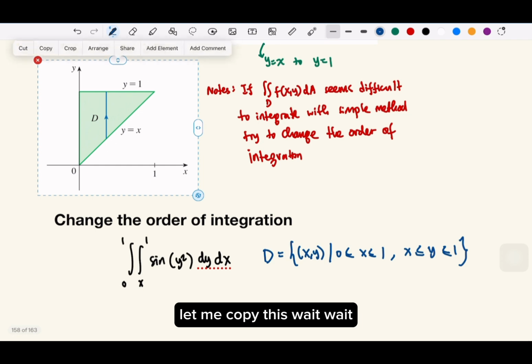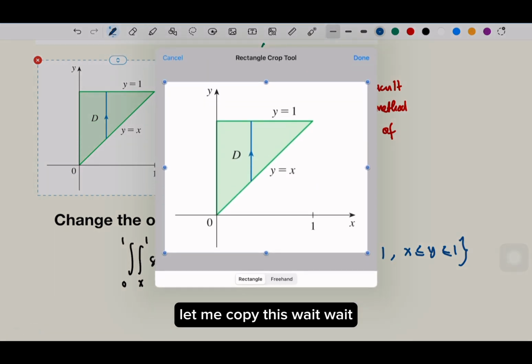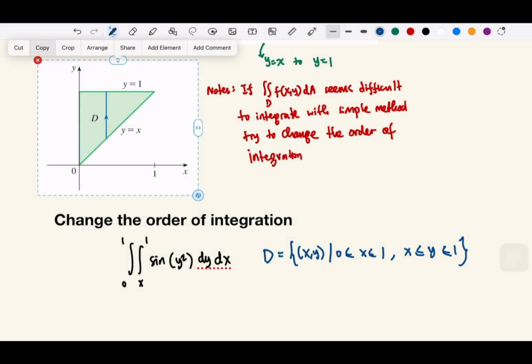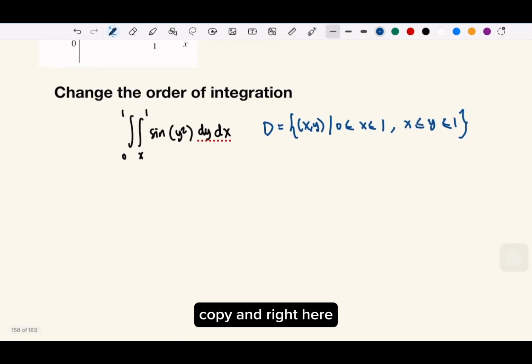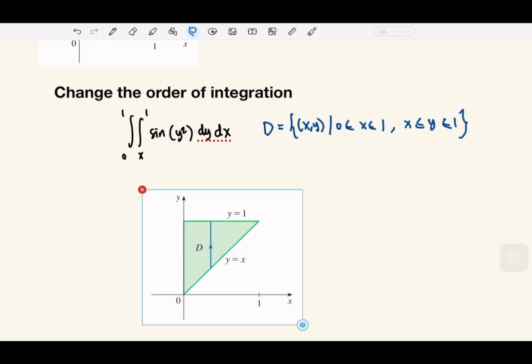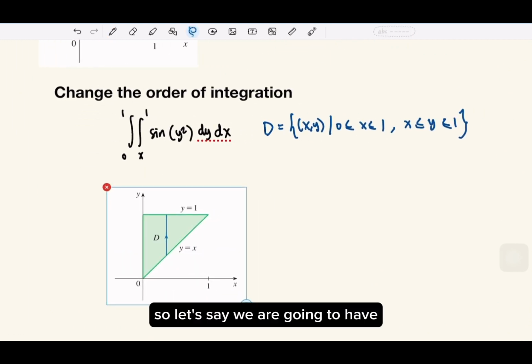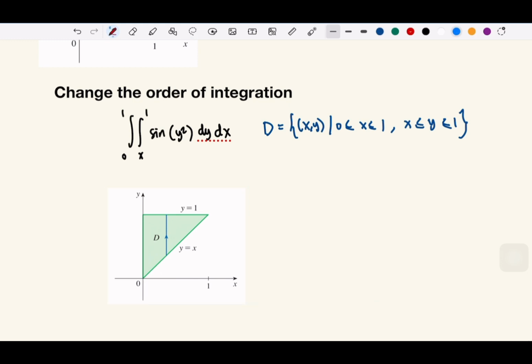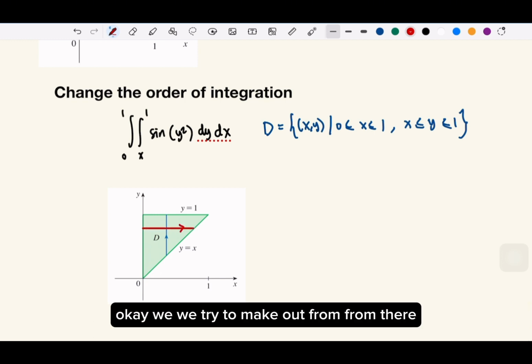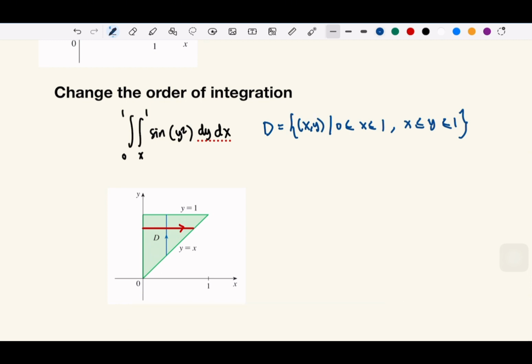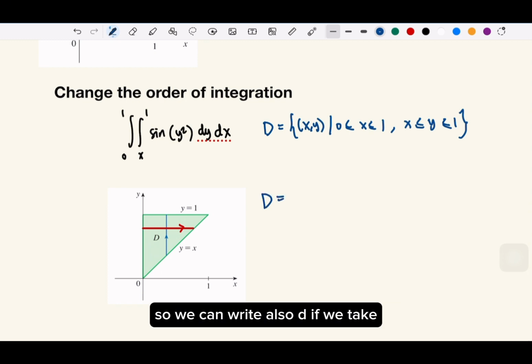Let me copy this and write here. So we are going to take dy, as a constant. So we can also write dy.